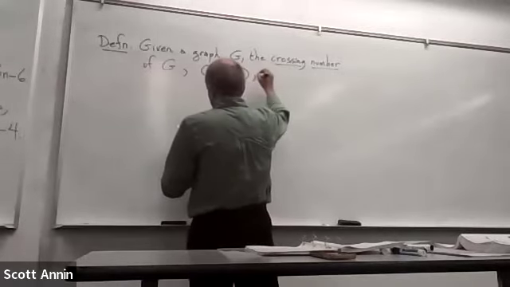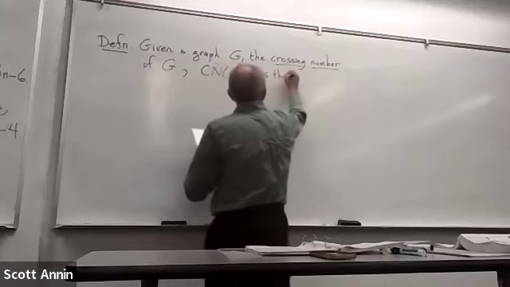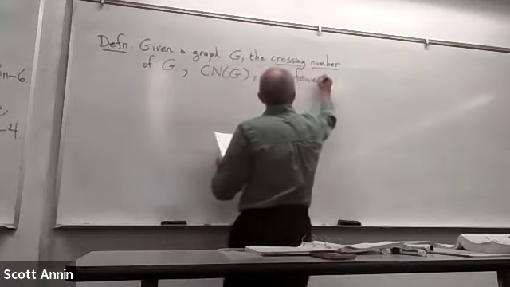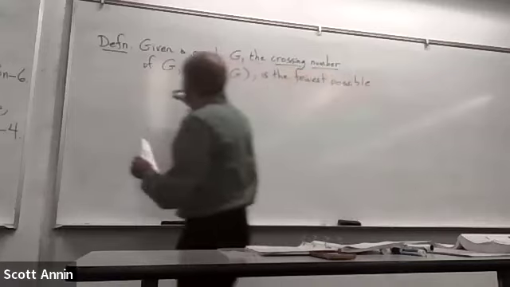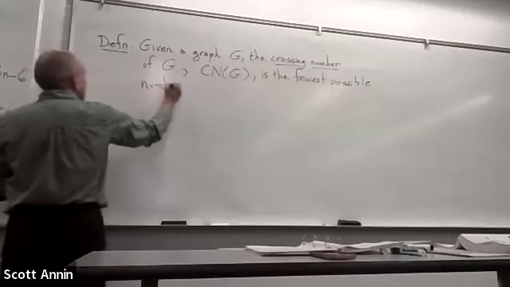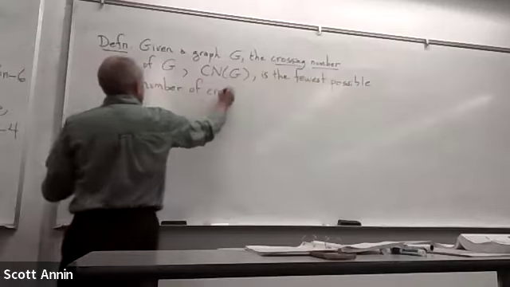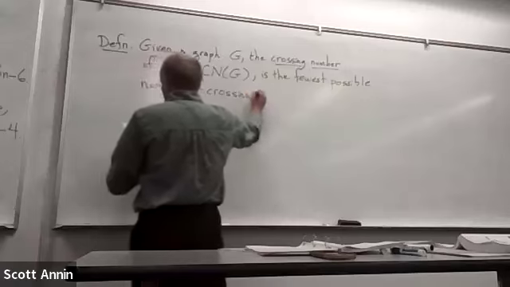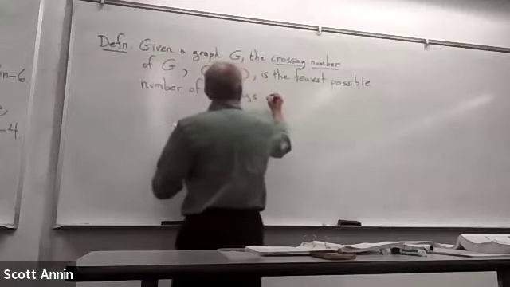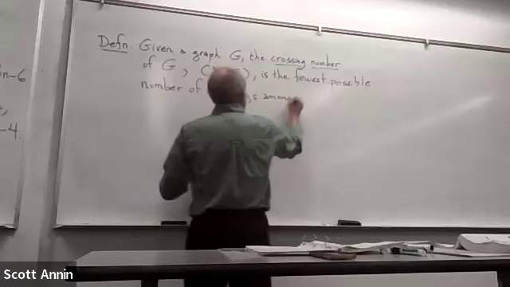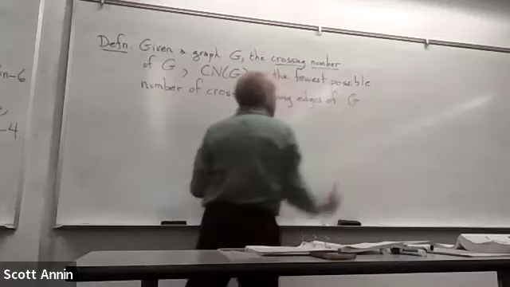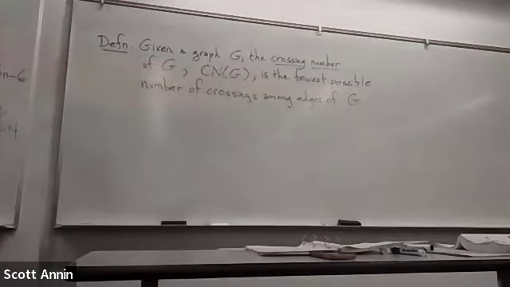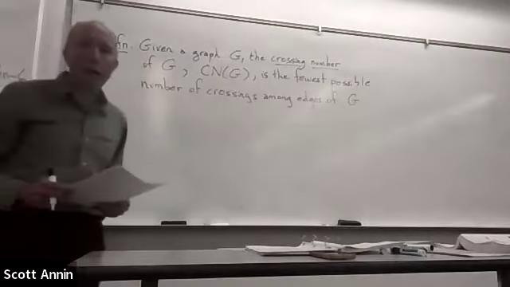It is just the fewest possible number of crossings among edges of G. So if you were to try to draw the graph G with as few crossings as possible, this is the definition of the crossing number of the graph.